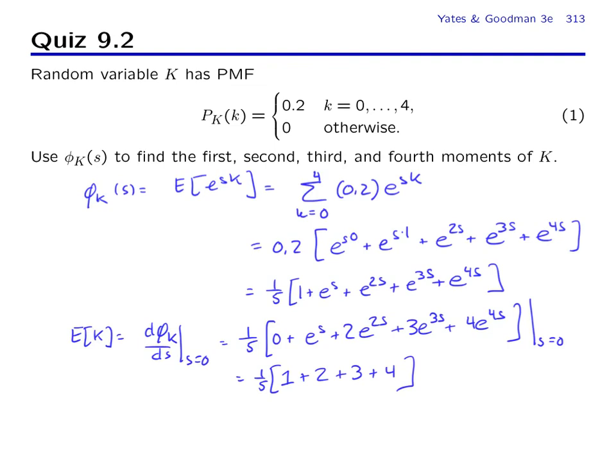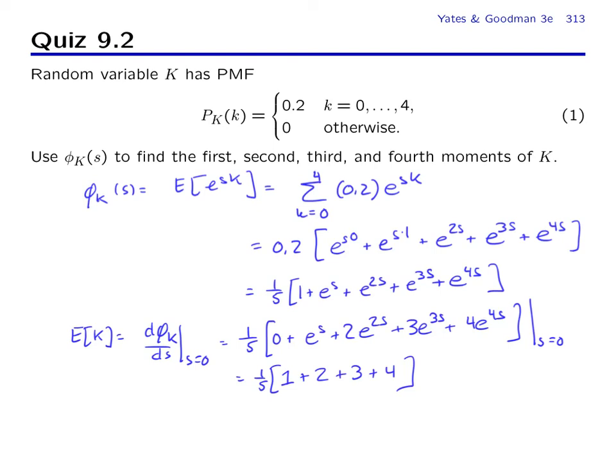And this toy problem shows you how taking the derivative of the moment generating function of a discrete random variable gives you the moment. So you could have easily looked at this PMF and written down this answer as the expected value of K. But that isn't really the point of this problem.